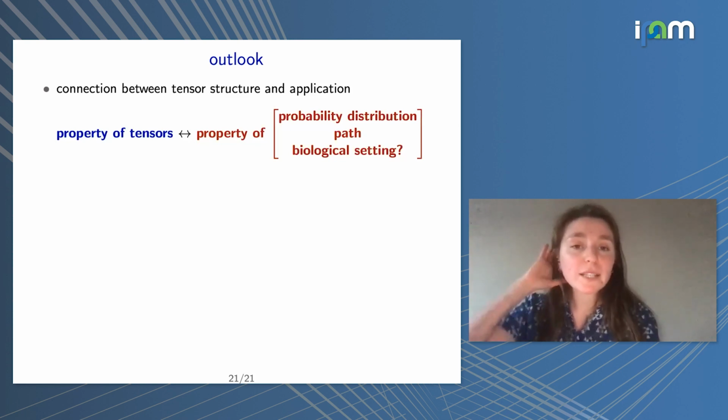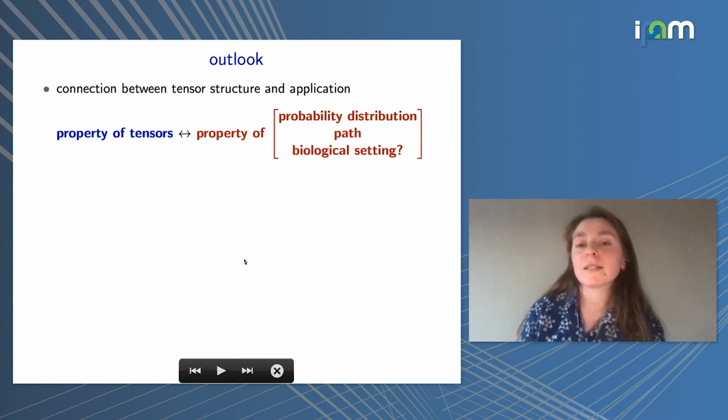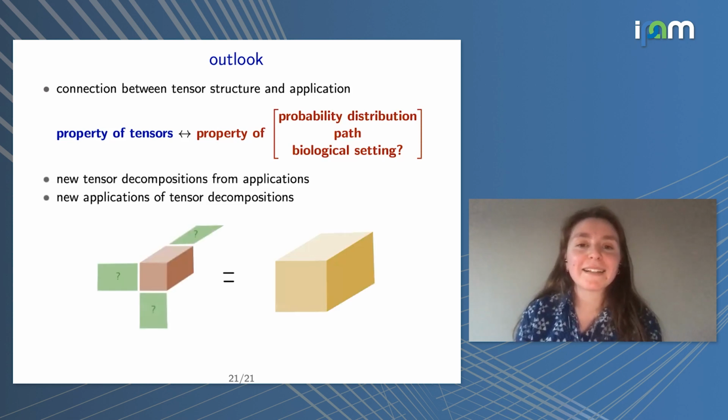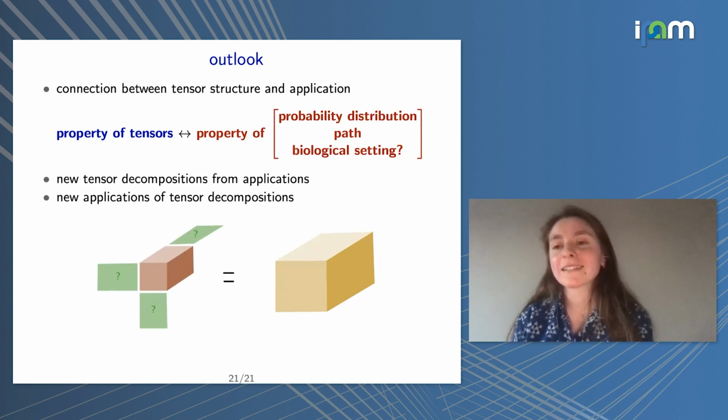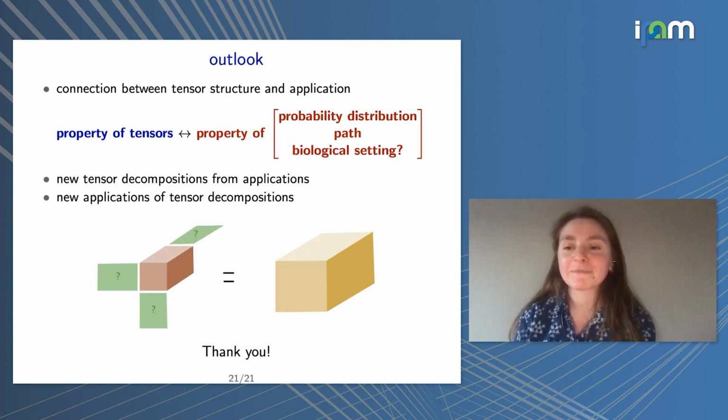So how properties of tensors translate to give us properties of, could be a probability distribution or a path, or maybe even some property of our biological setting. And okay, these applications suggest new tensor decompositions. So we get new tensor decompositions from applications, and then we also get new applications of tensor decompositions. Thanks a lot. That's it.